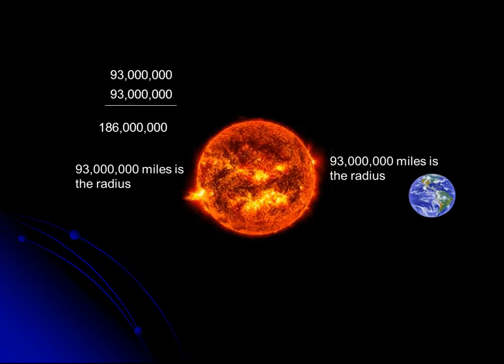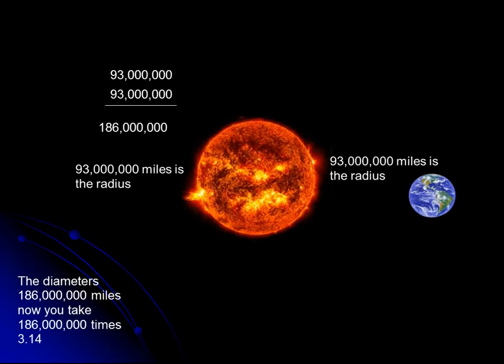Then we're going to get the diameter, which is 186 million. The diameter is 186 million miles. Now you take 186 million times 3.14, which is pi. So what is 584 million?